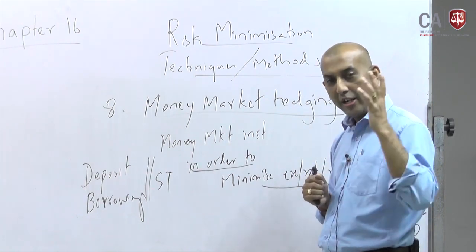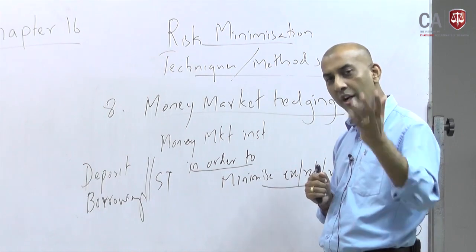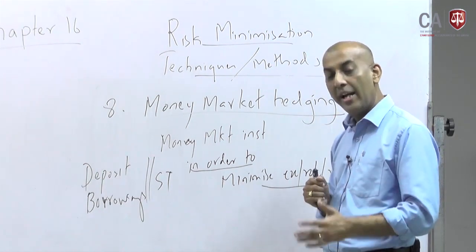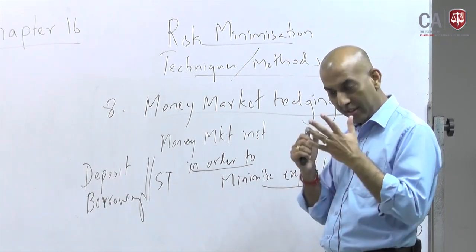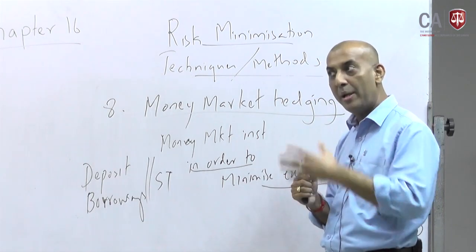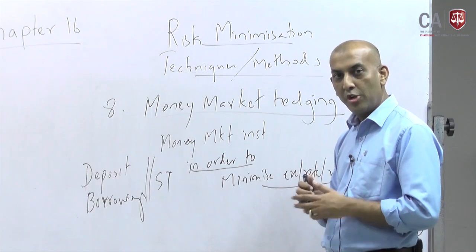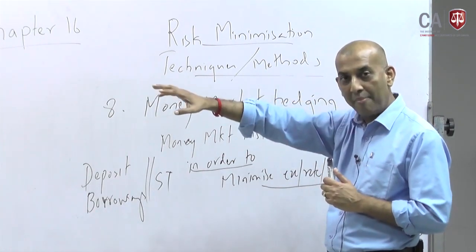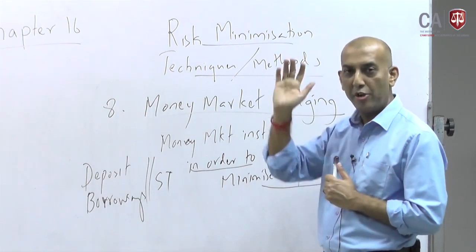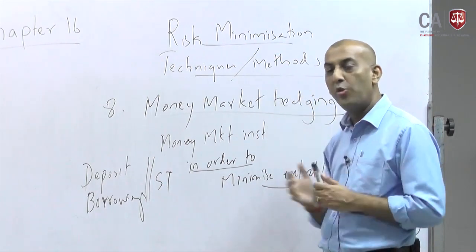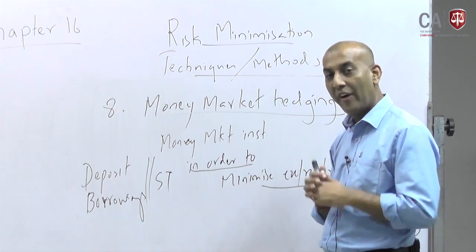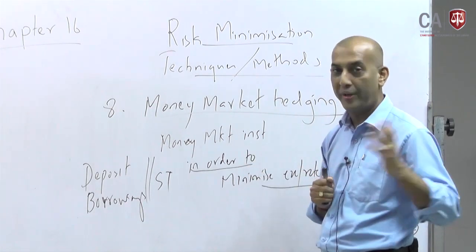The converted dollar amount will be deposited in a dollar account. So your dollar deposit will be available in 3 months time to pay your supplier. You match your dollar liability with a dollar asset, and finally what you have is a rupee borrowing.